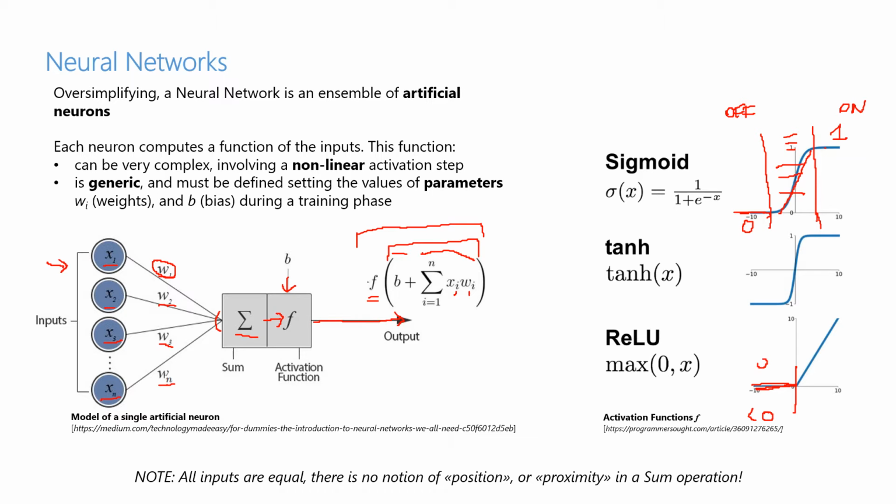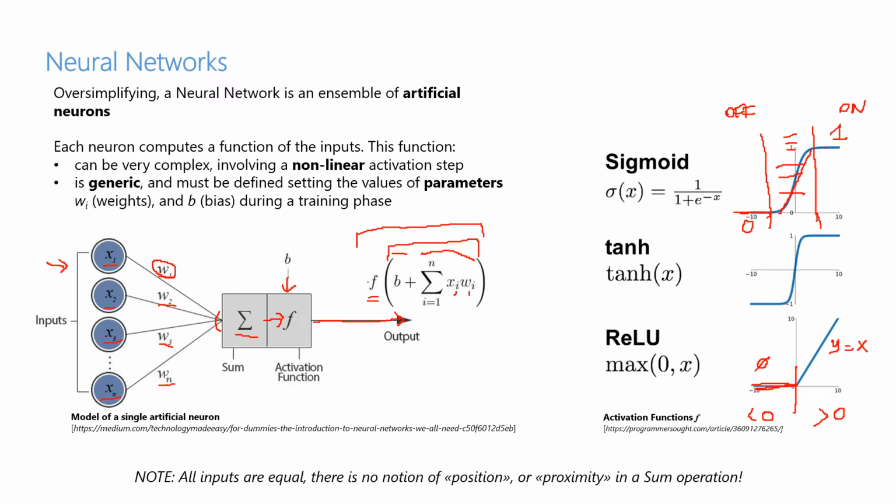So the neuron is off. If the value is greater than 0, then the output value is the same as the input. So for positive values, the neuron is kind of doing nothing, just passing the input straight to the output.